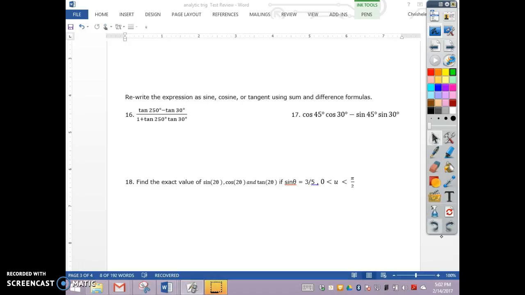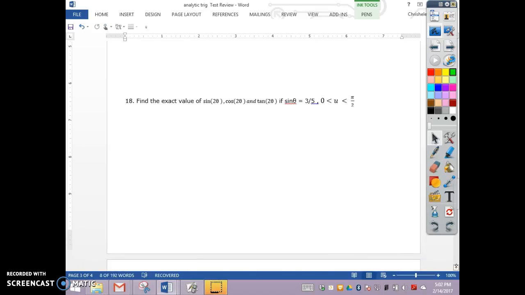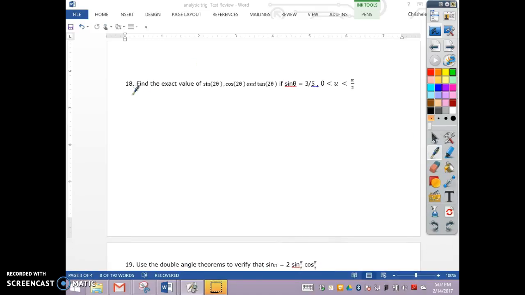Okay, last thing is our double angles. Find the exact value. Okay, so these are different formulas. The formula for double angle of sine is 2 sine cosine. So if I look at this, I don't know why that says a U, sorry, that should be theta. You're saying quadrant 1.